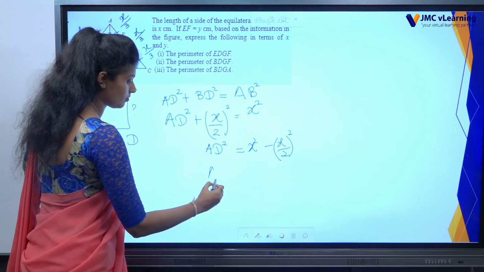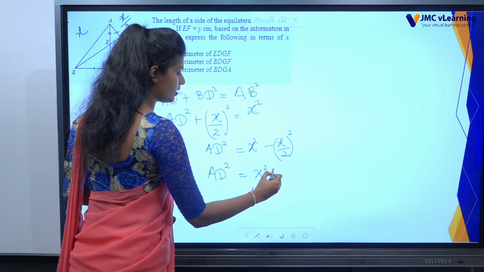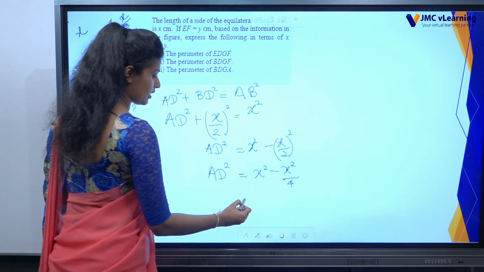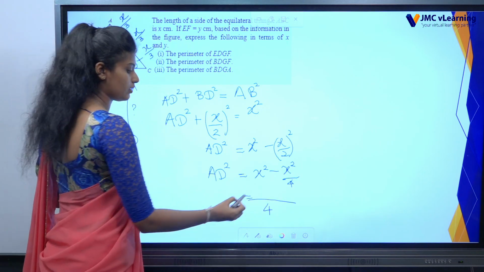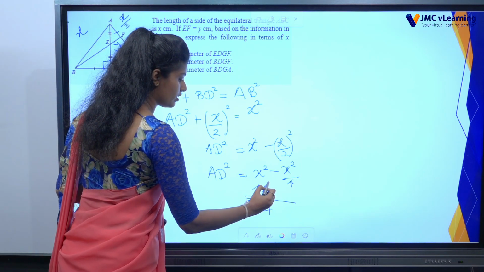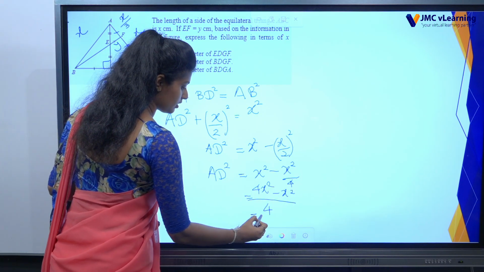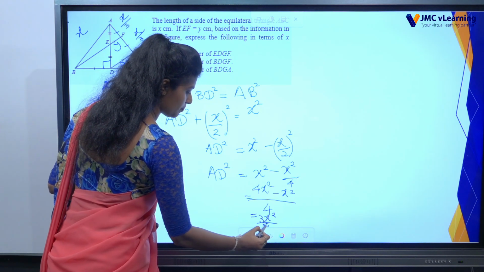Then AD squared is equal to x squared minus x squared over 4. Take 4 as the denominator. Then here 4x squared minus x squared, the answer is 3x squared over 4.